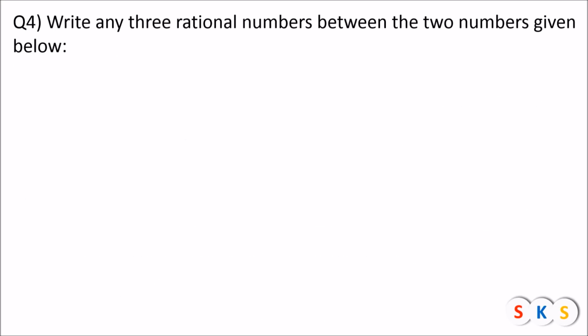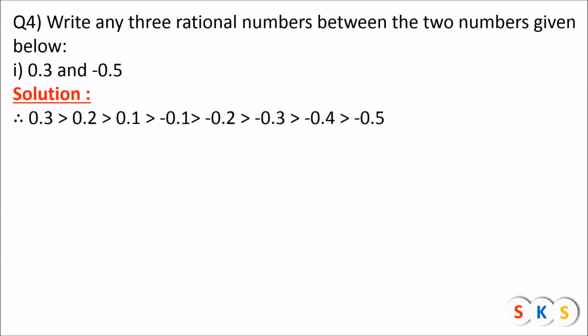Here we have question number 4. Write any three rational numbers between the two numbers given below. The first one is given here, 0.3 and minus 0.5. I have to find three rational numbers between 0.3 and minus 0.5. Let's see the solution of this question.